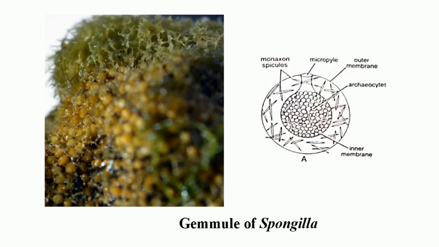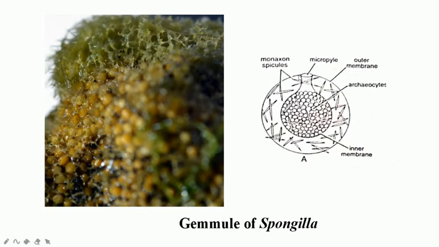So therefore, likewise, in case of the poriferans also, especially the spongilla, which is the freshwater sponge, they make gemmules, alright, and these gemmules contain important cells or cluster of cells which are the archaeocytes, and these archaeocytes are the totipotent cells which can transform into any type of cells upon the coming of the favorable condition. So when the conditions become favorable, these archaeocytes can come out of the micropyle.